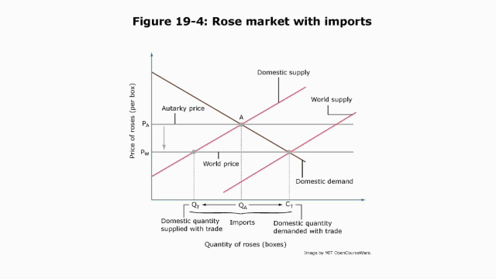The horizontal line is a little distracting, actually. It is just showing the price in autarky and the world price.